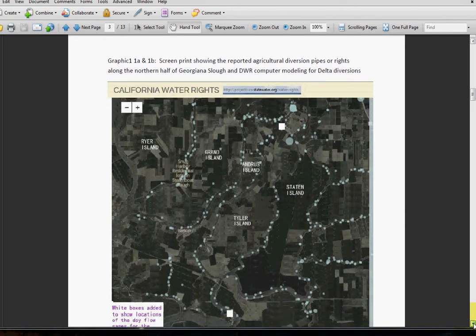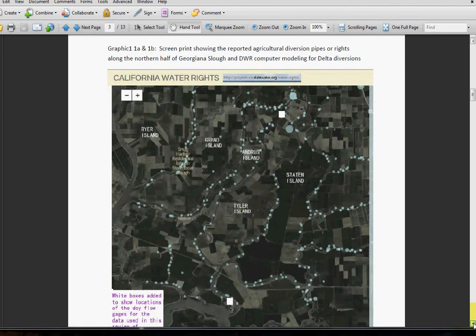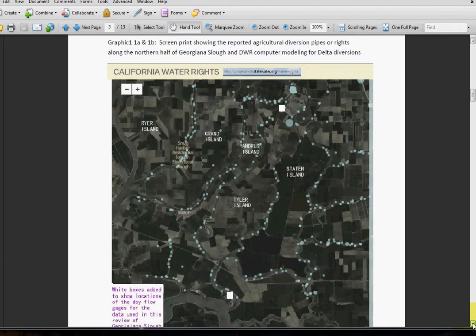Let's start with the first graphic. I wanted you to understand that there are different organizations that are now tracking water rights, and the state required everyone that's diverting water to report it. They utilize that information to look at who is diverting water out of the Delta.